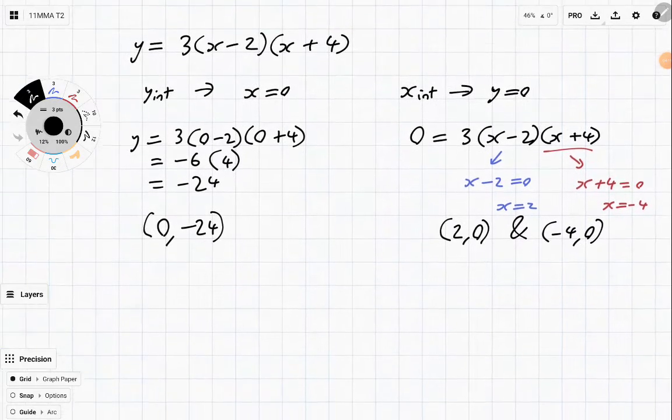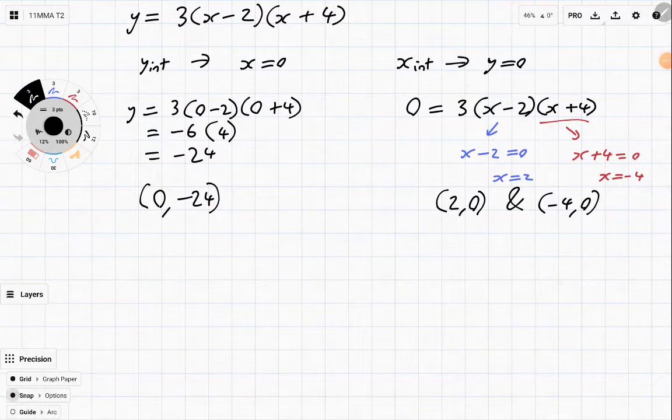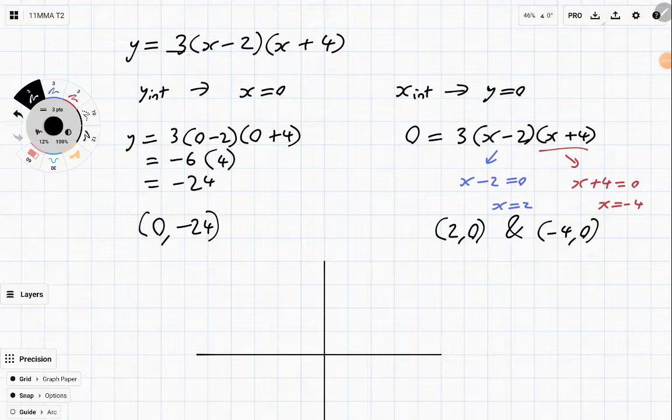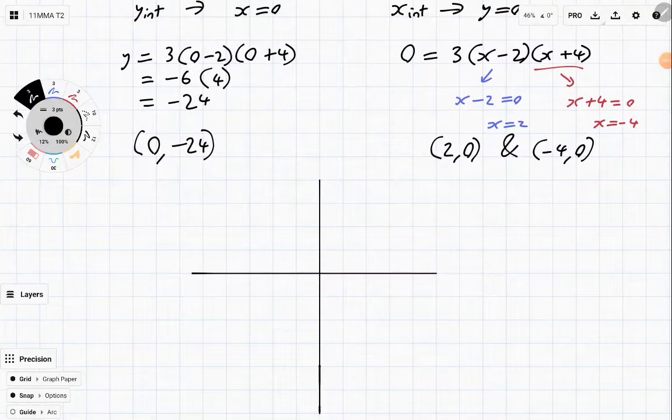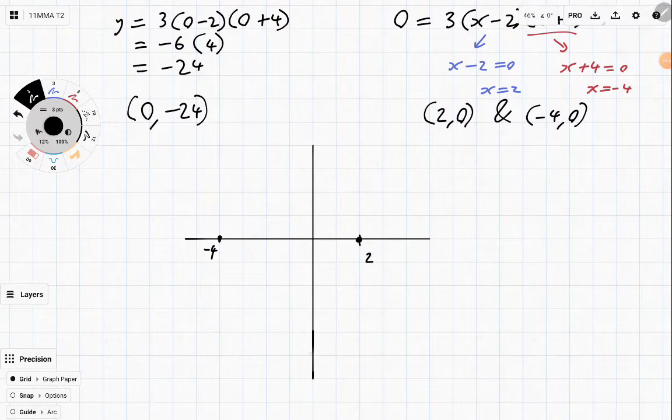And so we've got our two points here, 2, 0, and negative 4, 0. And now we can actually sketch this graph pretty happily. Now we know it's going to be concave up because of the fact it's got a positive a term. So now we just need to do a quick sketch. So we're going to get 2, negative 4, and then our y-axis is going to be quite steep.